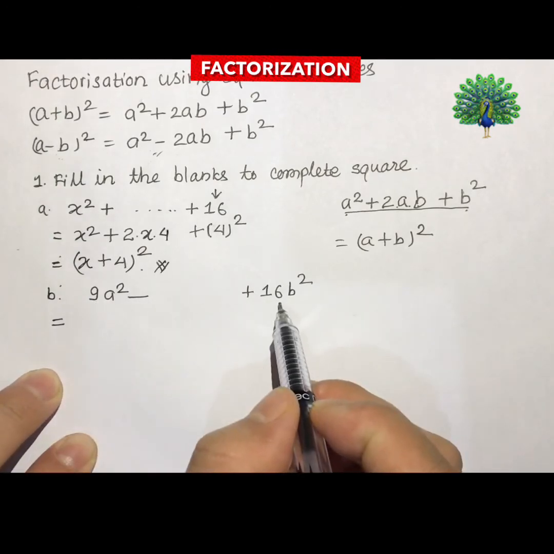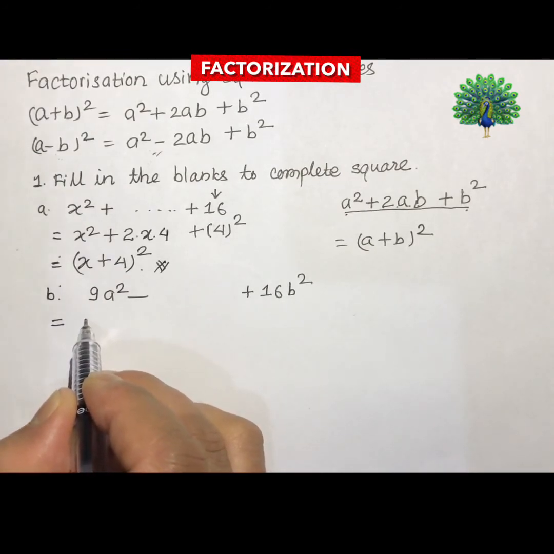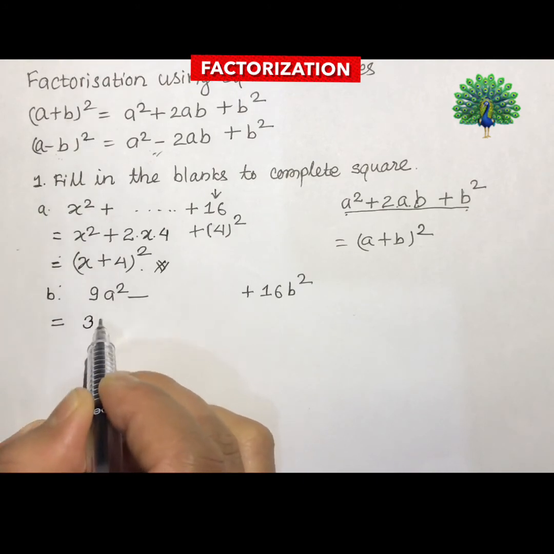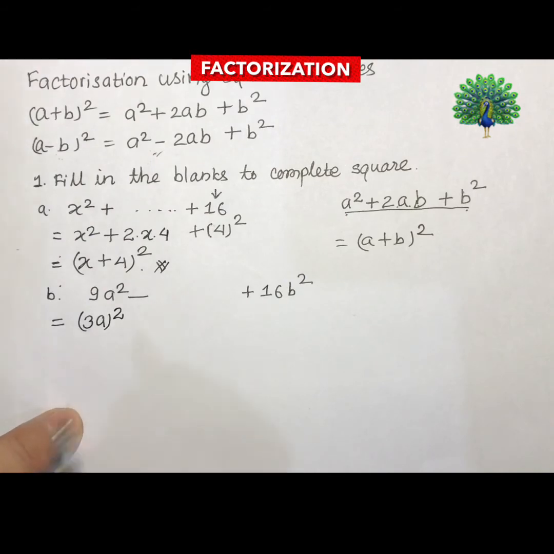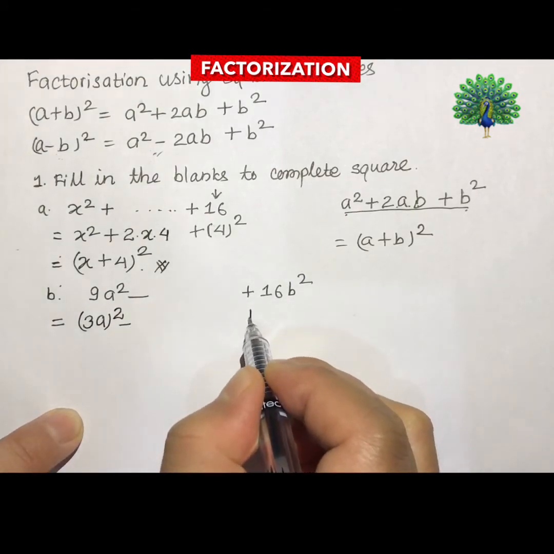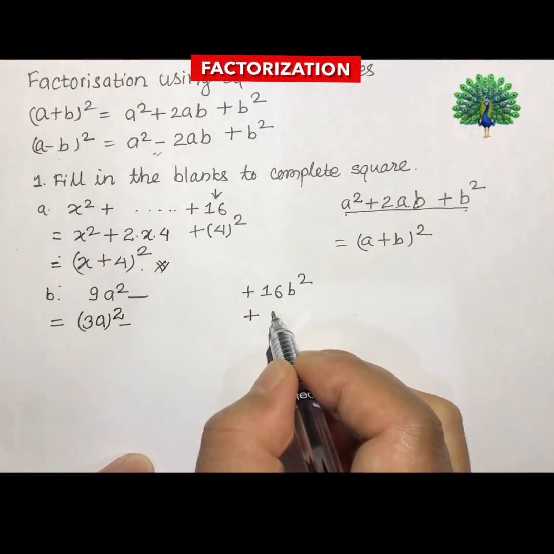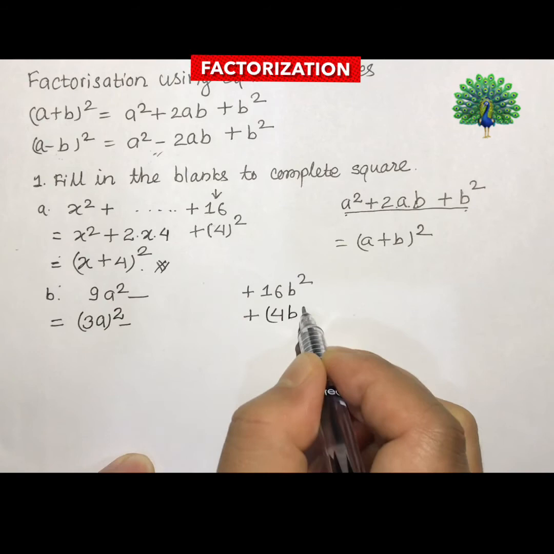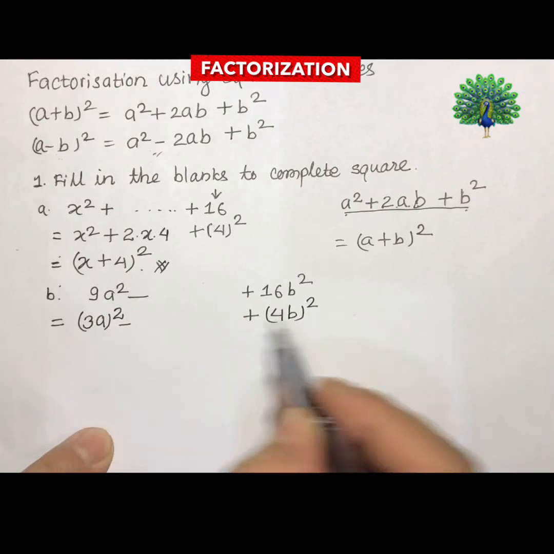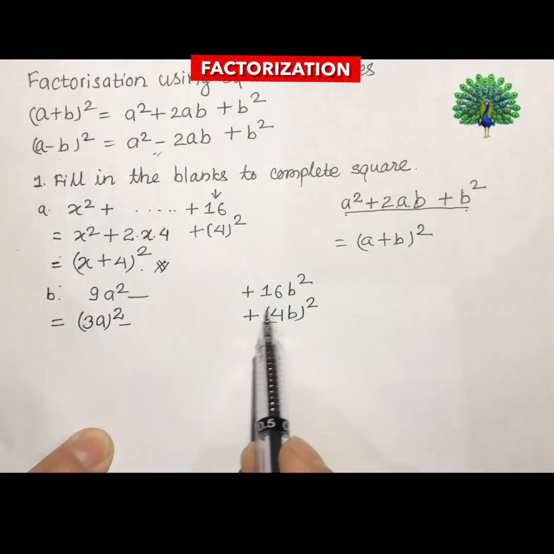Yes, it is a square, and we have to make it square like this. 9 is the square of 3 and a square is the square of a, so we have to make it a whole square. Here also we have to make a whole square. For that, 16 is the square of 4 and b square is the square of b. We first make them squares, because to use both formulas, the first and third terms should be squares. So we made it.